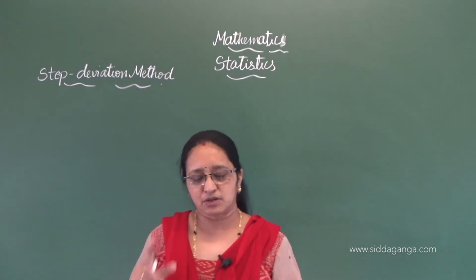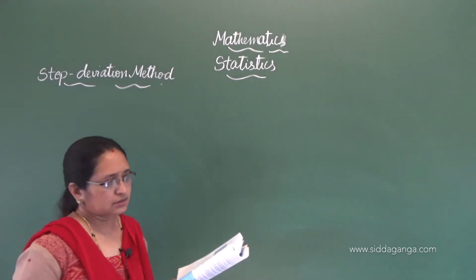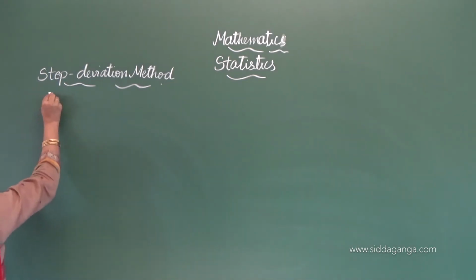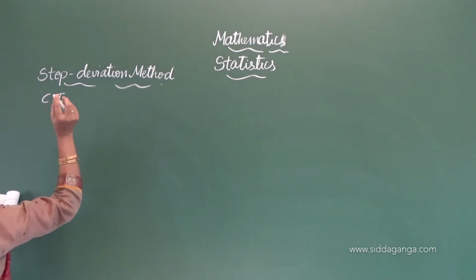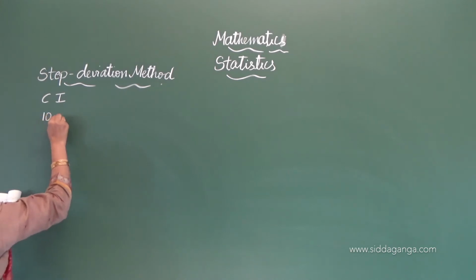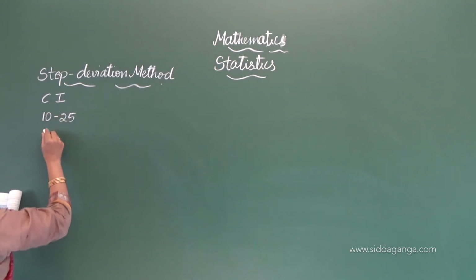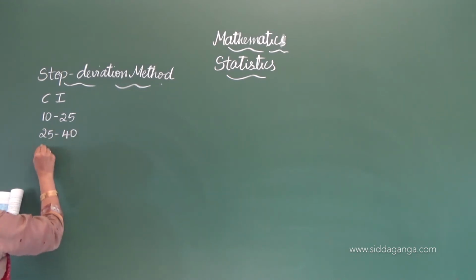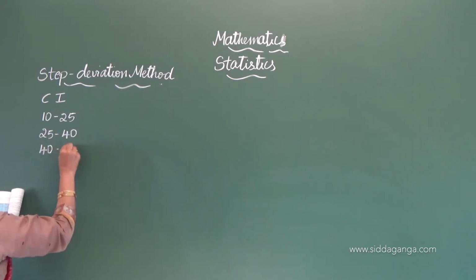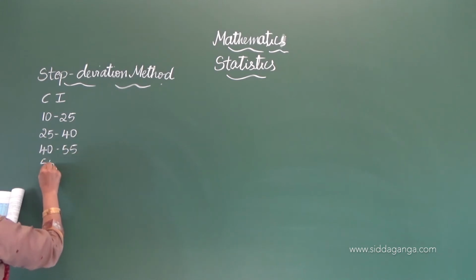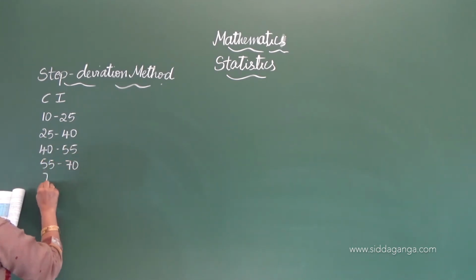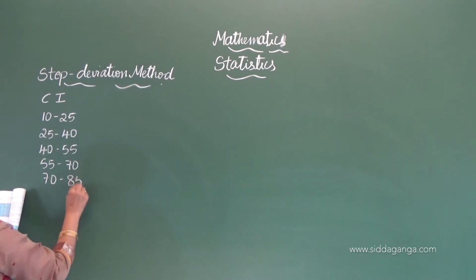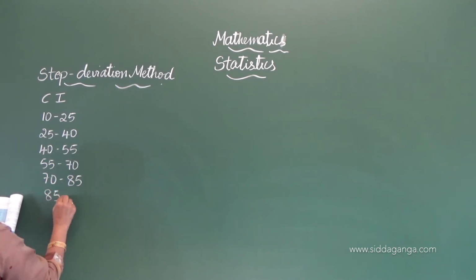For this I will take the class intervals: 10 to 25, 25 to 40, 40 to 55, 55 to 70, 70 to 85, 85 to 100.